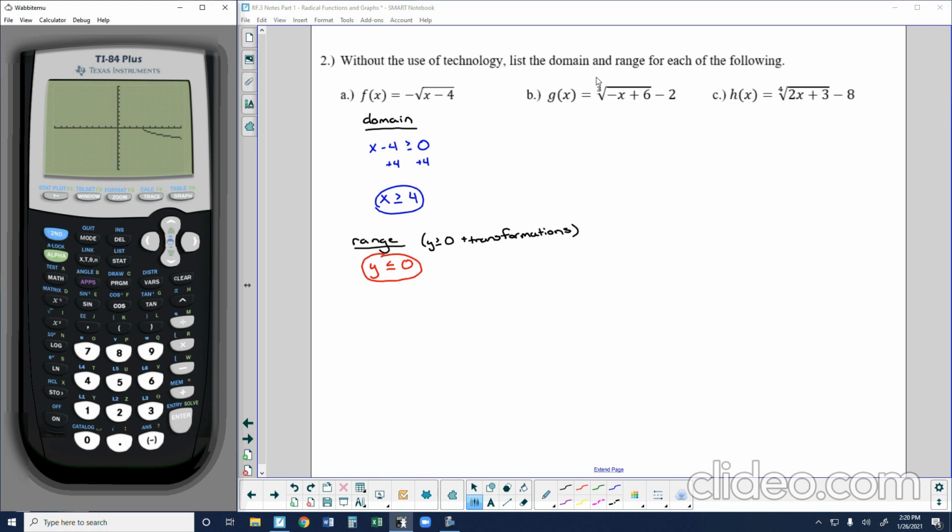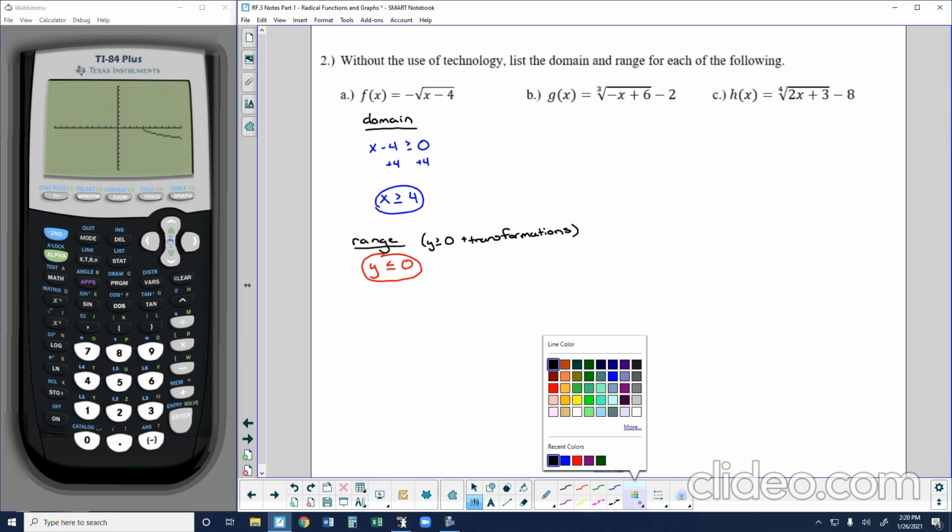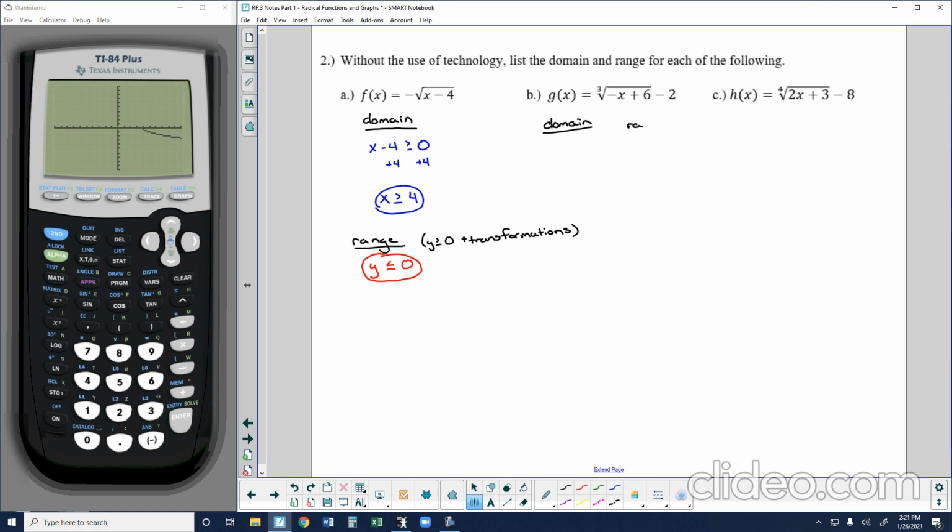Because a cubed root or a fourth root or fifth root, etc., can root both positive and negative numbers on the x-axis, it will stretch forever to the right and to the left, and it will go up and down forever. So we could check this with any cubed root that we want.